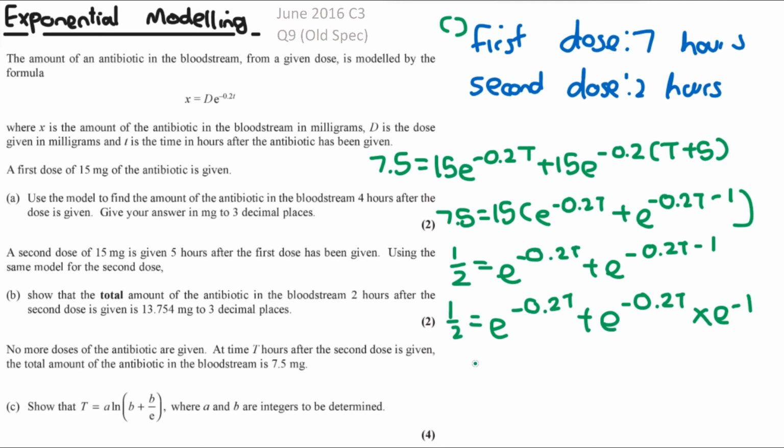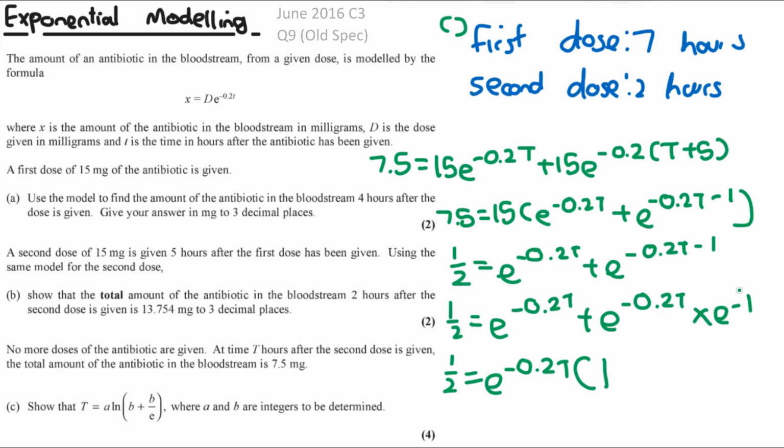And now we can factorize this by doing half, and we can factor out e to the power of minus 0.2 t from both of the two terms. So it's going to be e to the power of minus 0.2 t. The first term, when you factor out e to the power of minus 0.2 t, it's just going to be 1.